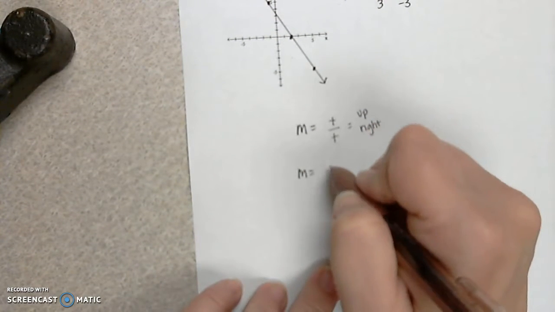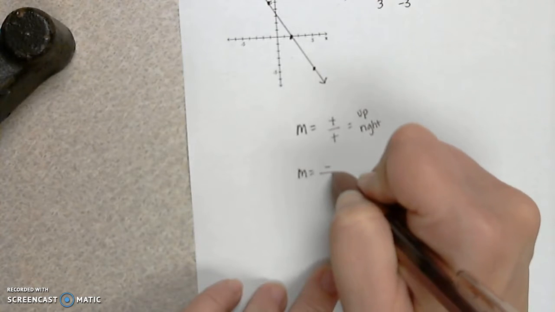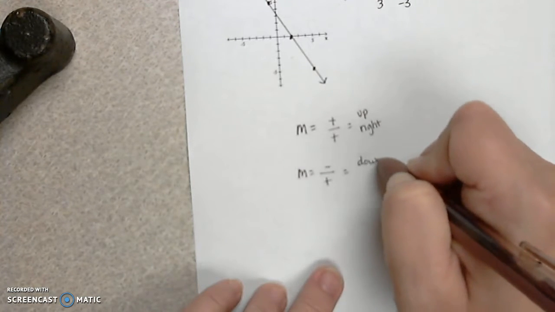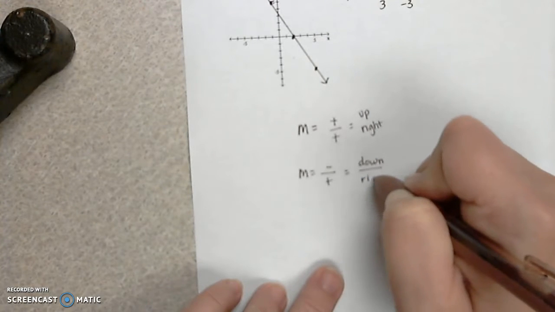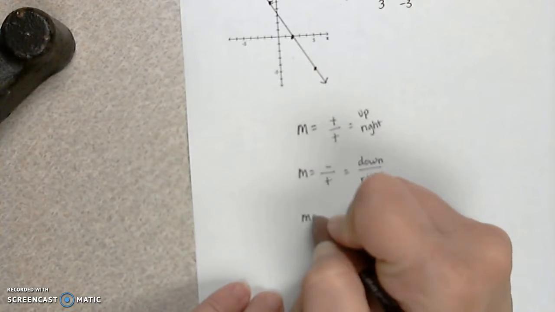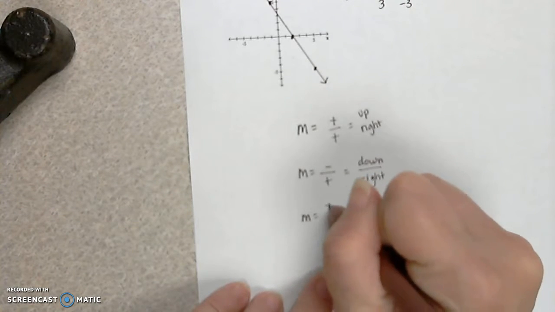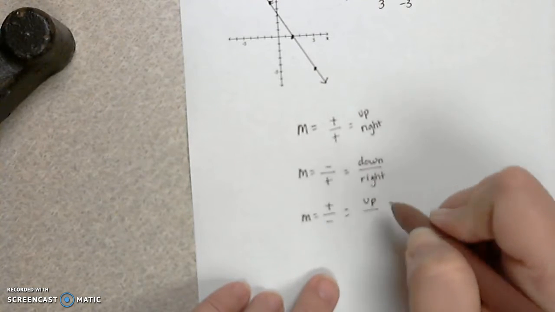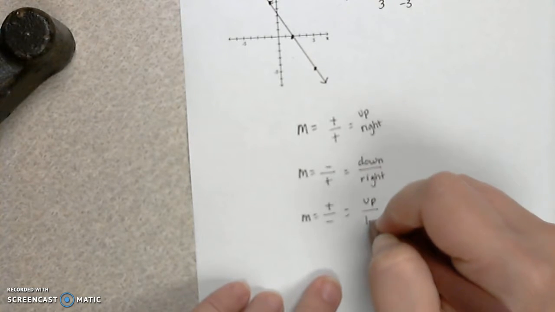Then if I have a slope that's negative on top and positive on bottom, I'm going to go down however many it tells me, and right however many it tells me. And if I have a slope where the top number is positive and the bottom number is negative, I'm going to go up, and then I'll go left.